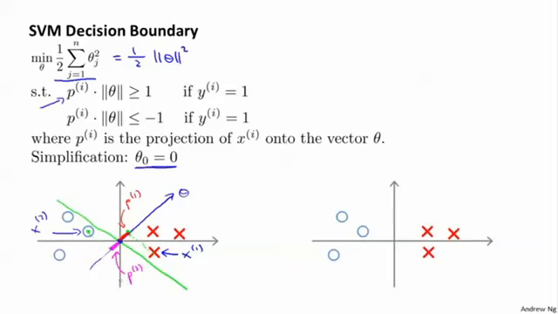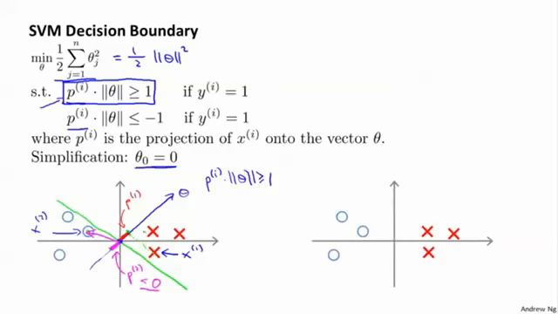P2 will actually be a negative number, because it's in the opposite direction. This vector has greater than 90-degree angle with my parameter vector theta, so it's going to be less than 0. And so what we're finding is that these terms pi are going to be pretty small numbers. And so if we look at the optimization objective, for positive examples, we need pi times the norm of theta to be bigger than or equal to 1.